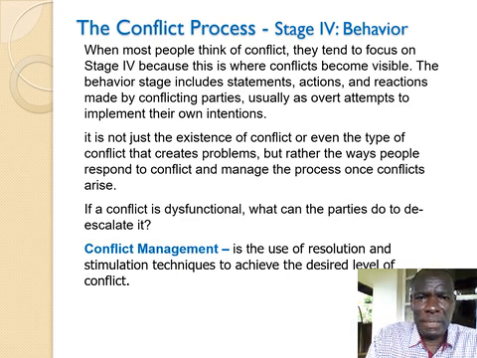The behavior stage includes statements, actions, and reactions made by conflicting parties, usually as overt attempts to implement their own intentions. So what is visible normally in a conflict is the behavior you see.